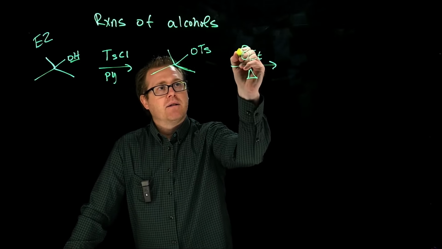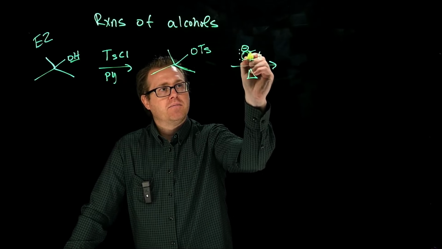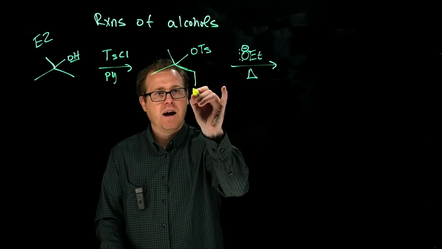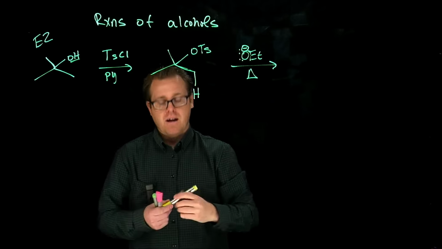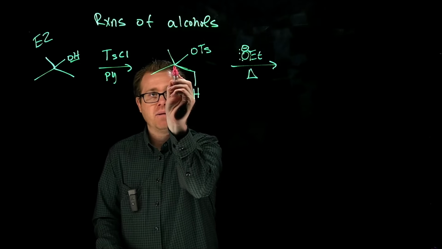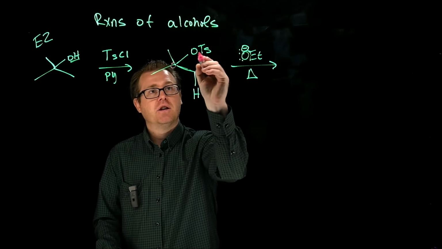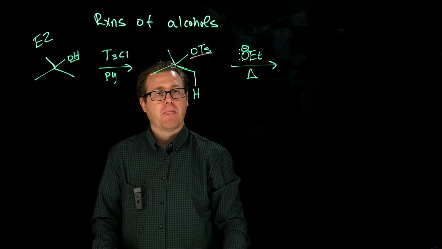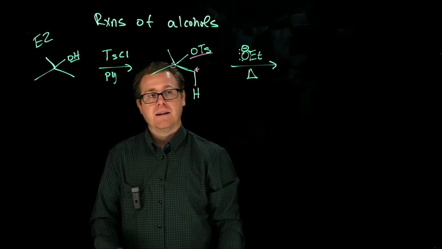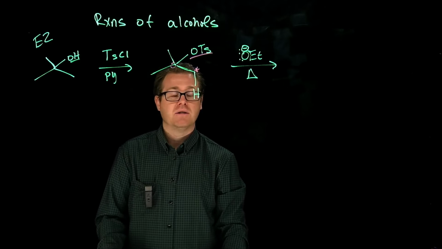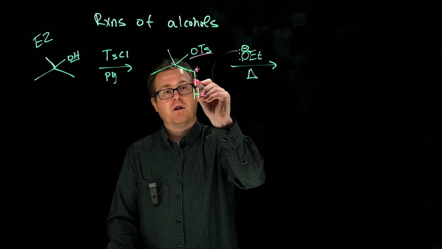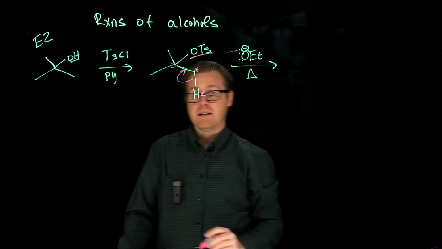And the ethoxide right there is going to be negatively charged. And so what we can do is invoke, hey, there's a hydrogen coming off there. Now, how do you know which hydrogen to abstract? Well, you identify the carbon that is attached to the OTs. And then you just have to go to an adjacent carbon. That is an adjacent carbon, find a hydrogen, and abstract it. So you abstract it, break the carbon-hydrogen bond, bring it down to form the alkene.